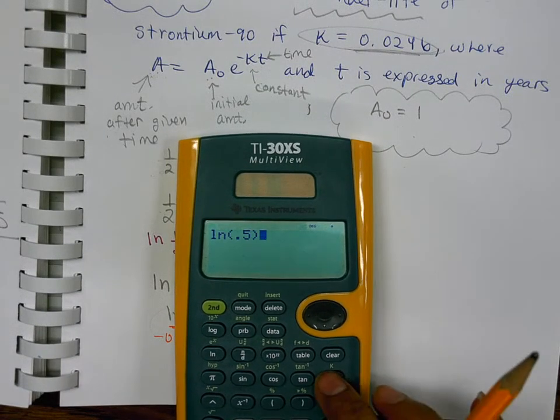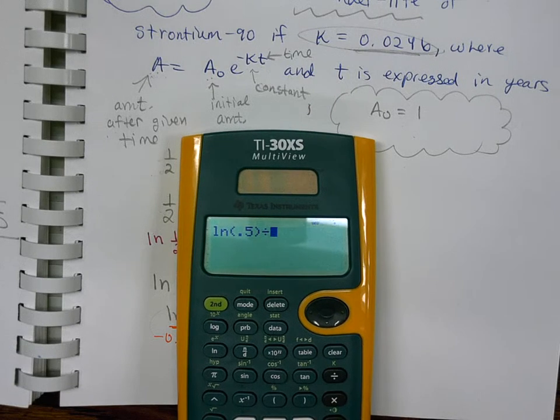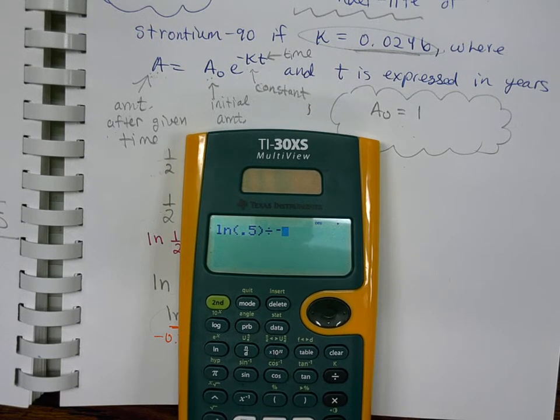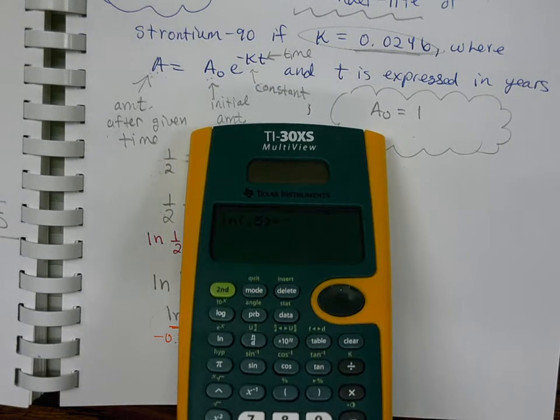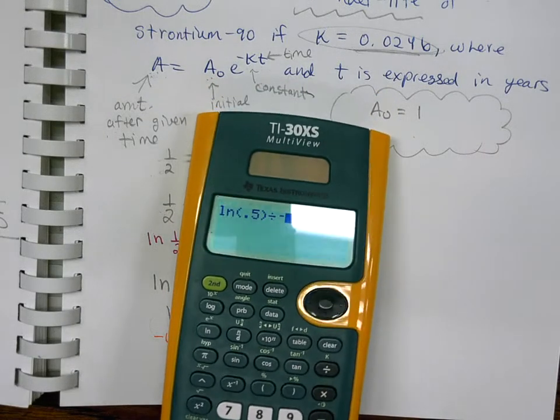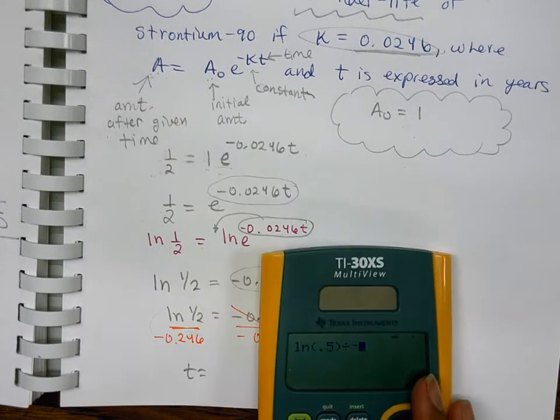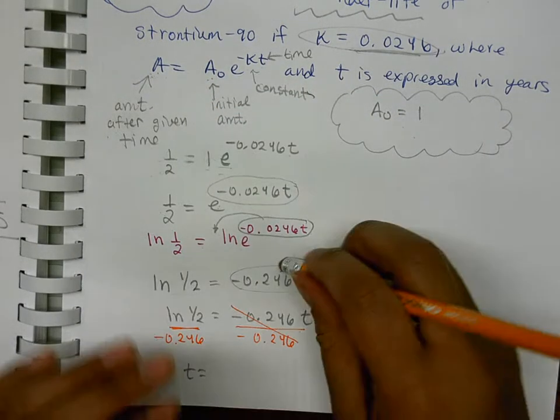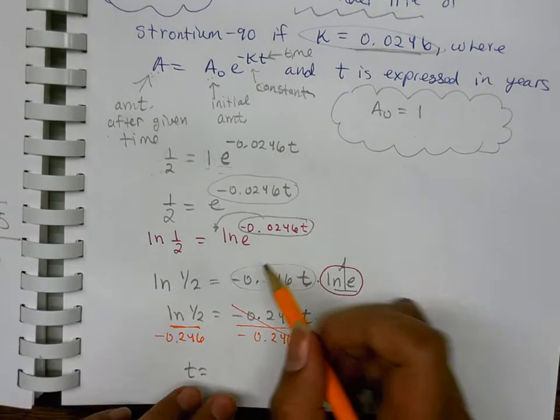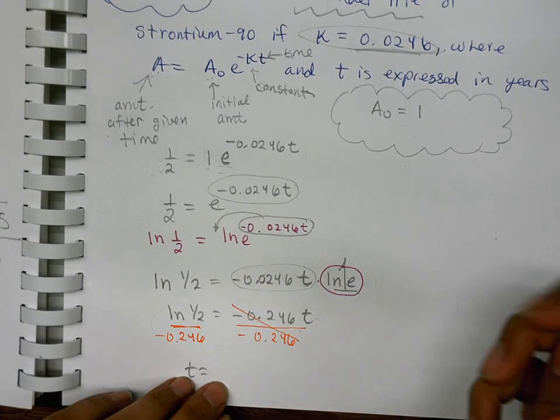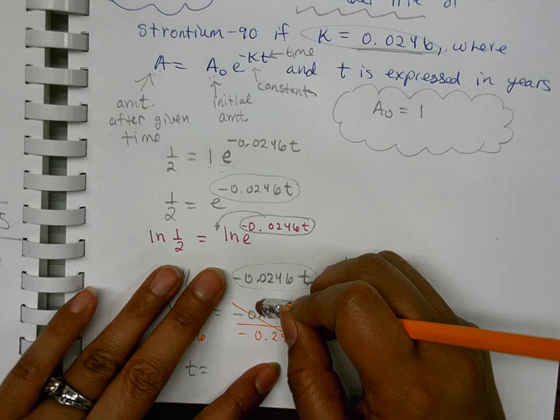Divide ln of 1/2. I'm going to type 1/2 in as 0.5. It's up to you. Divide by negative, and before I do plug it in, sorry for forgetting the 0.